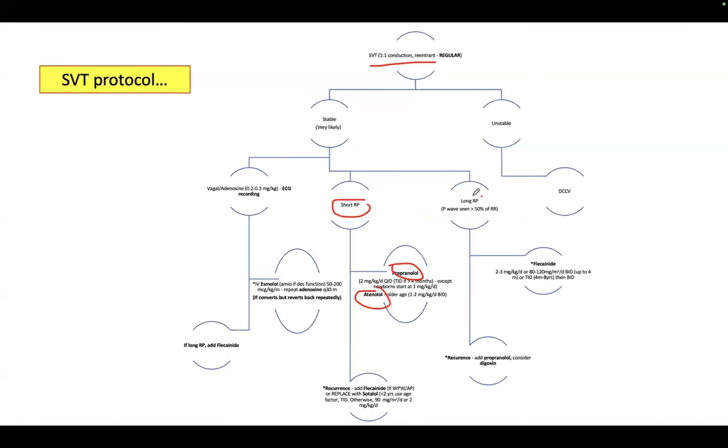But if it's long RP, you still wouldn't want to use beta blockers, and many people would start with flecainide, because you probably need more potent drugs to control it better. But it's largely the same, exactly what I just said.